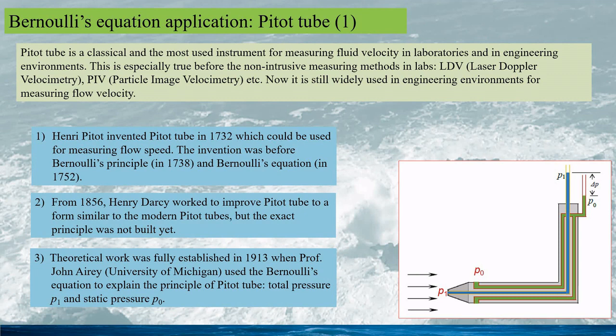Pitot tube. In the figure, it shows the Pitot tube measures the total pressure P1 at the front of the Pitot tube and the static pressure P0 at the side of the Pitot tube.